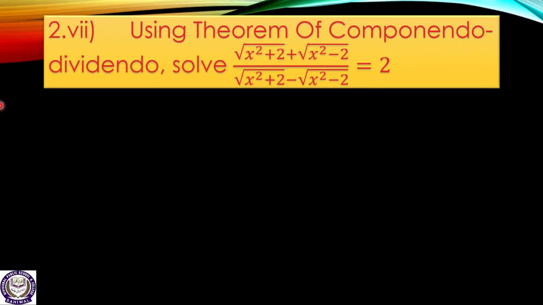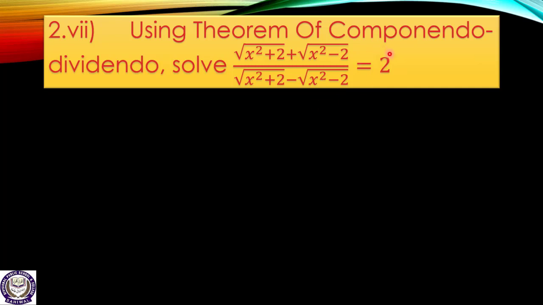Now we have question number 2, part 7. The statement says, using the theorem of componendo and dividendo, solve this equation: (square root of x^2 + 2 plus square root of x^2 - 2) over (square root of x^2 + 2 minus square root of x^2 - 2) is equal to 2.